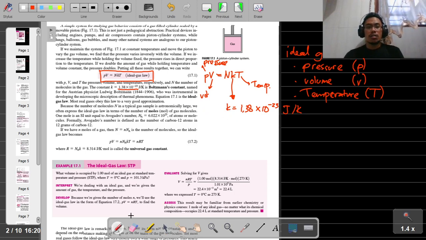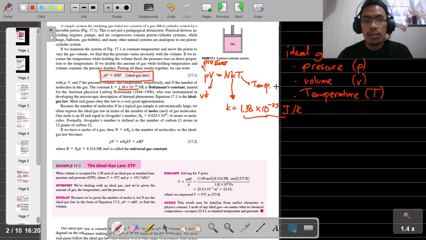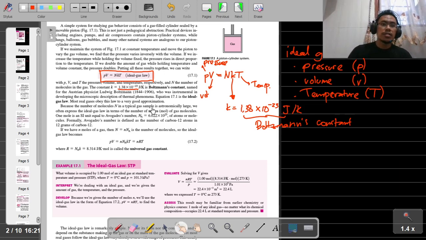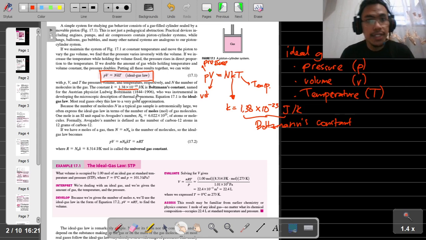And this constant is called the Boltzmann constant. Boltzmann was a scientist, a physicist from Austria, who lived from 1844 until 1906.